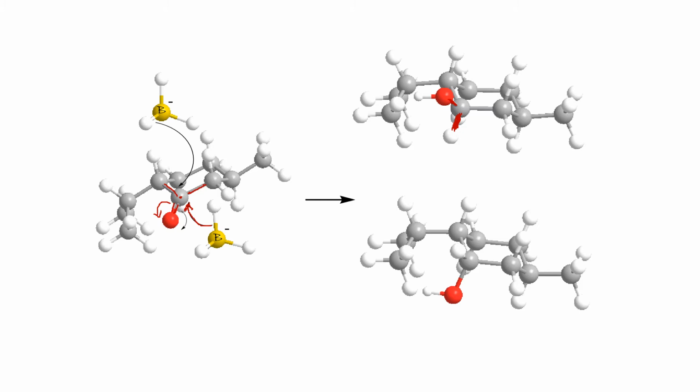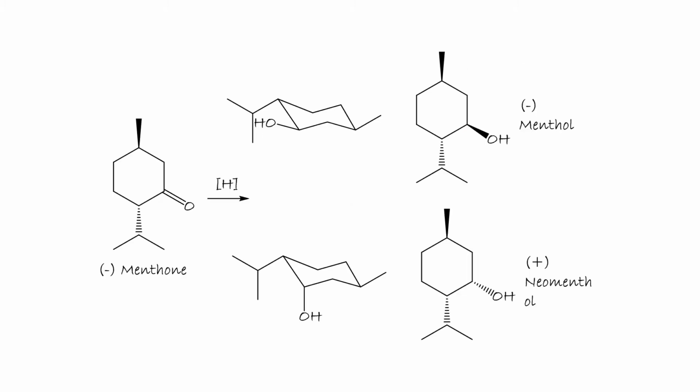If the hydride comes from up, it will be equatorial, and the OH will be axial. So these are the expected products from the reduction of the menthone. One of them, where OH is equatorial, is the negative menthol, and OH axial is the neomenthol.